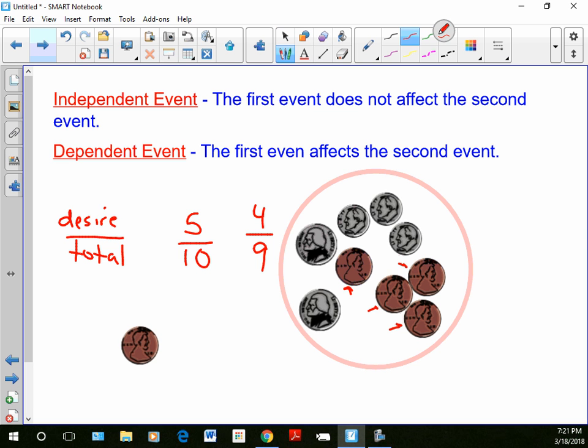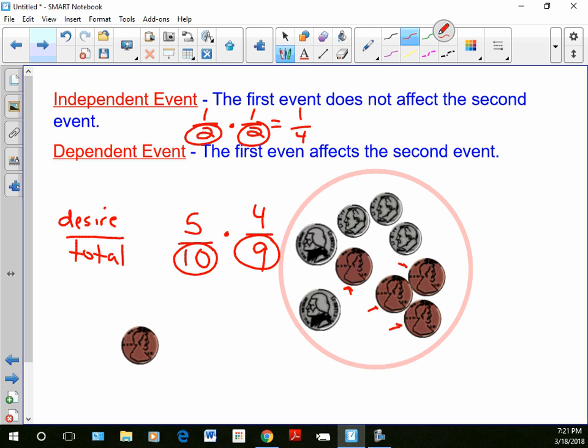When you do that, that's called a dependent event. And you'll notice that the denominators change. A minute ago, when I flipped the coin and did 1/2 times 1/2, the denominators didn't change, and I ended up with 1/4. This time the denominators did change.